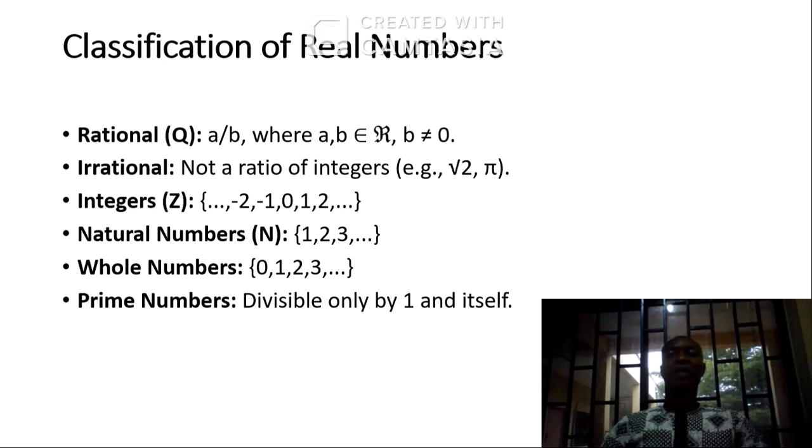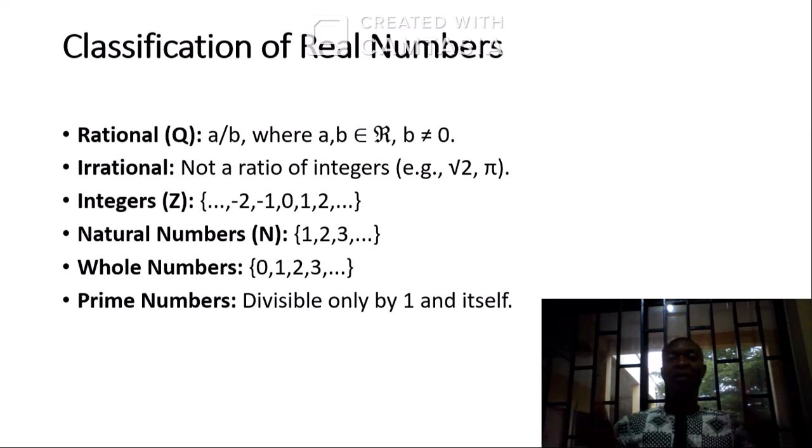Now, what is the classification of real numbers? As I've said before, real numbers can be classified into all the numbers you are familiar with. We have the set of rational numbers, which we call Q. A rational number is any number that can be expressed as A divided by B, where A and B are integers and B is not equal to 0.